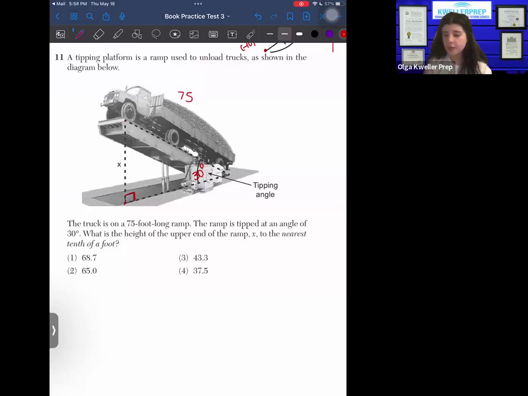So what do you guys think we're going to have to use here? Yeah, we're definitely going to use sine, right? Definitely our ratios. How would you describe 75?